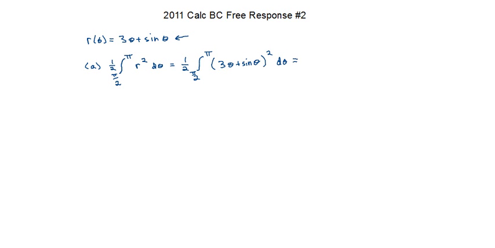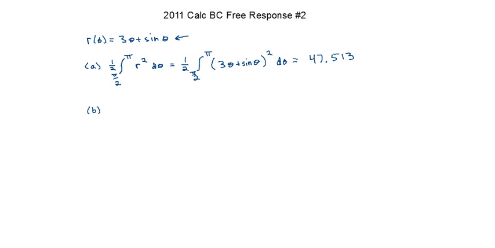This is a calculator portion of the test, so you just plug that into your calculator. No need to do that by hand, and you should get approximately 47.513. Make sure your 3 decimal places are correct. That's all letter A takes. Letter B.